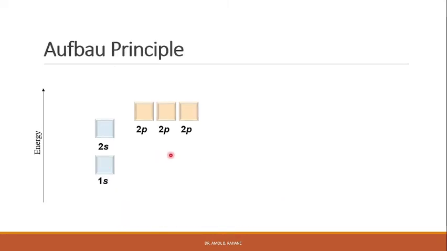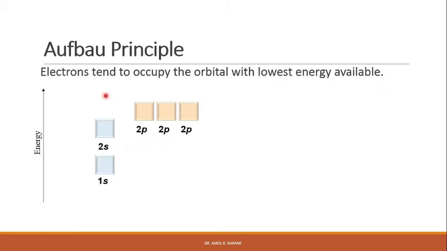For the third electron, the orbitals available are 2s and the three 2p orbitals in the L shell. Therefore, it will prefer to go into the lower energy orbital available, that is the 2s orbital. The Aufbau principle tells us that electrons tend to occupy the orbital with the lowest energy available.